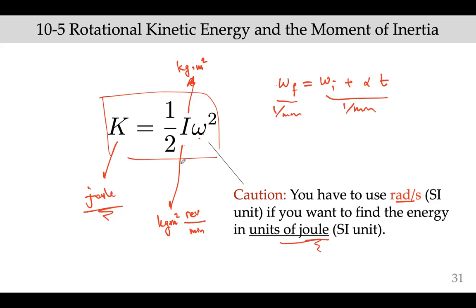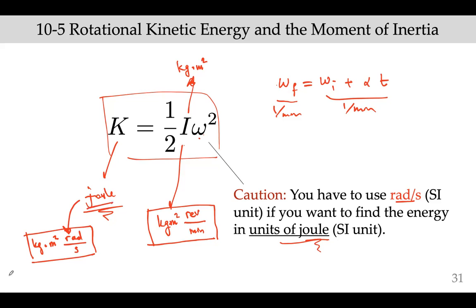You will calculate energy, but it will be in these units, not in joules, because joule is equal to kilogram meter squared radians per second squared. Only if you get these units right can you call this whole thing joules. So you have to be careful about this point.